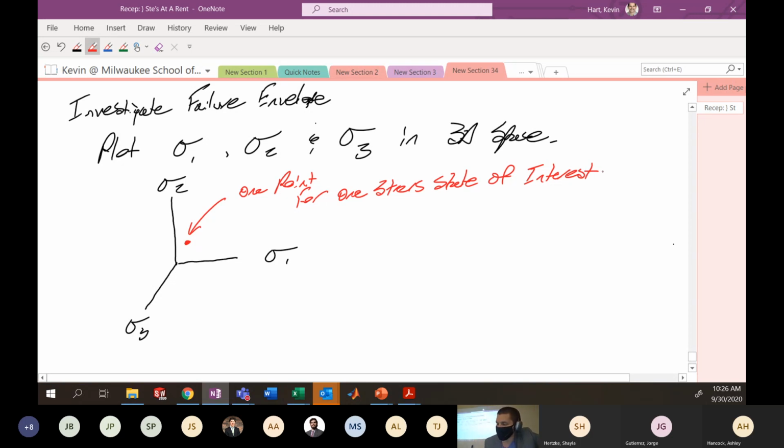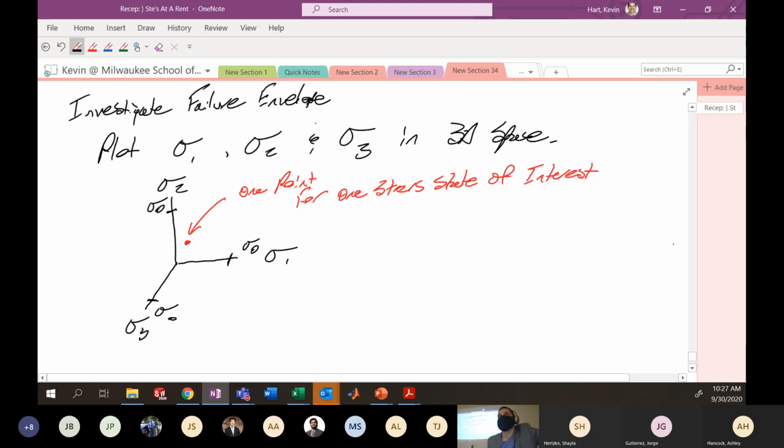I want to create for myself a three-dimensional representation of the failure envelope for our particular failure criteria. What do I mean by that? Well, I know that if any one of these principal stresses exceeds the yield stress, I will fail. So let's put on these individual axes the value of sigma 0. Maybe sigma 0 is way out here for sigma 1, same for sigma 3, same for sigma 2.